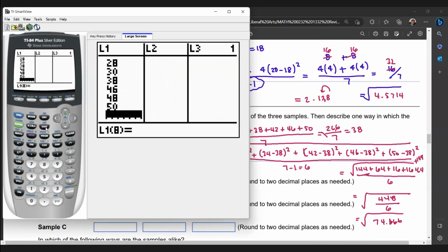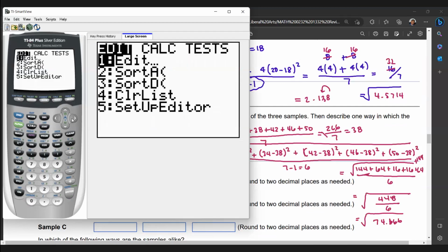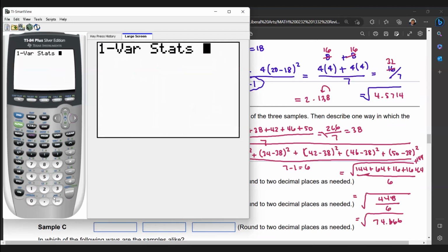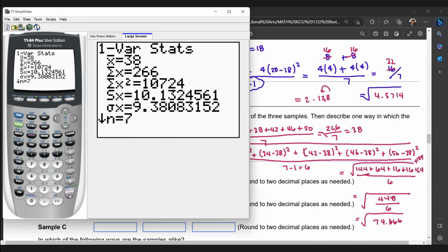Then we'll press Stat, go over to Calc, and you press option 1. So in this case, again, I'm looking at this symbol right here, the x with the bar on top of it, that's the mean. That will be equal to 38.